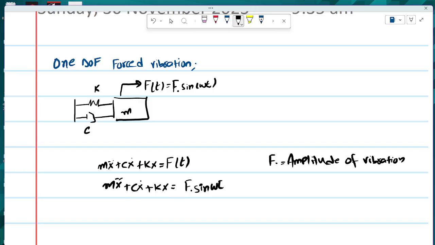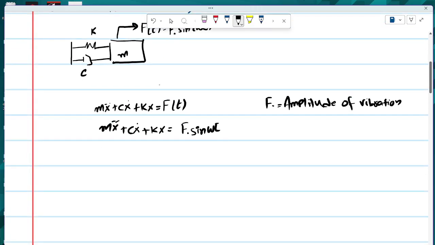So that's a linear non-homogeneous second order equation. In the previous case we had this whole system equal to 0 because that was a free vibration, but in this case we have a force that is a harmonic force.